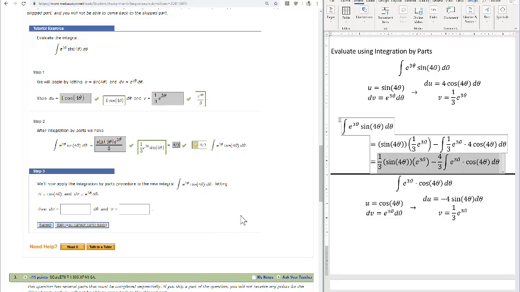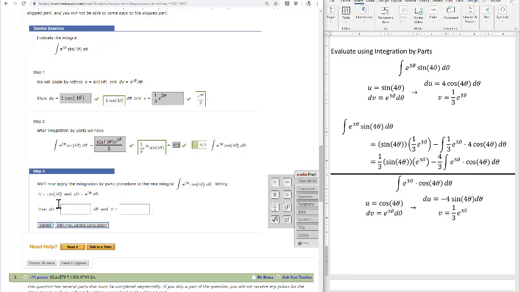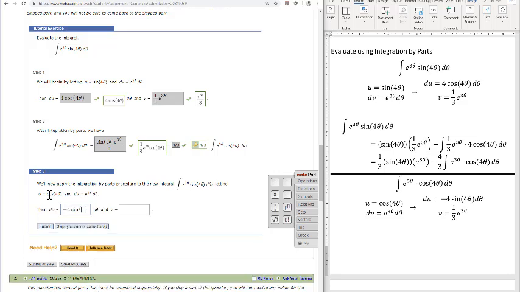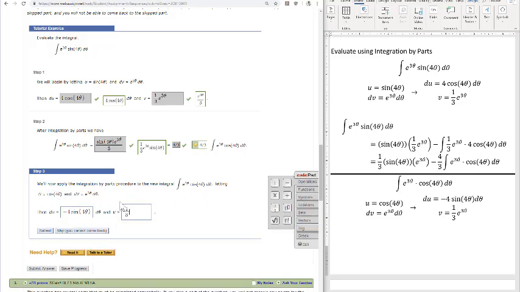Now the next step is that we have this integral, and we're going to apply integration by parts here as well. So we're going to let u equal the trig again, and dv equal that. The derivative of the trig is, remember, there was a negative because the derivative of cosine is negative sine, and then the chain rule gives us another 4. Our antiderivative was the same, 1/3 e to the 3 theta.